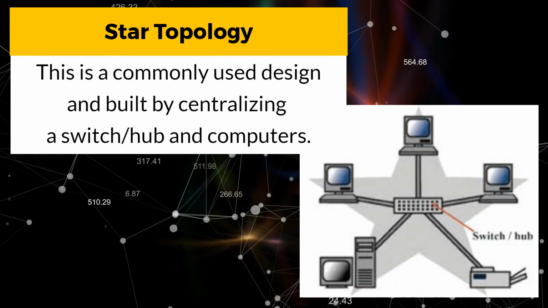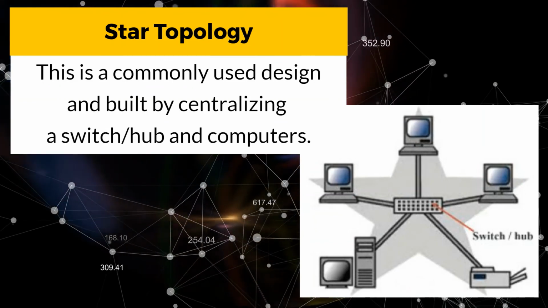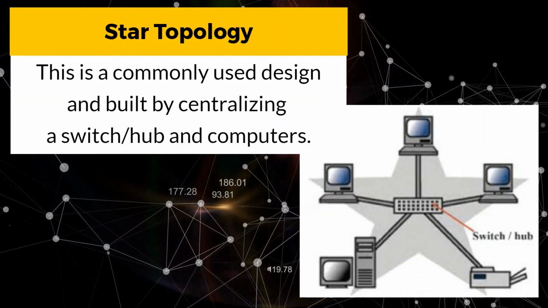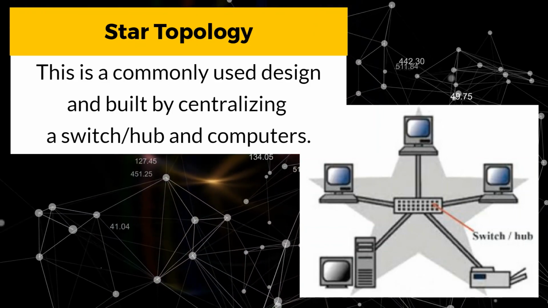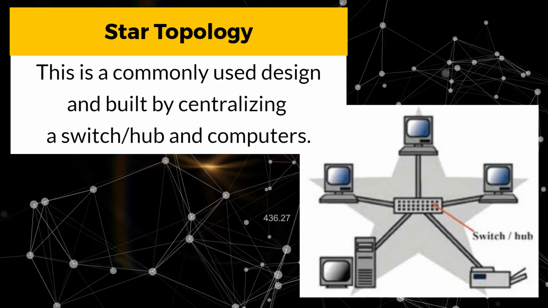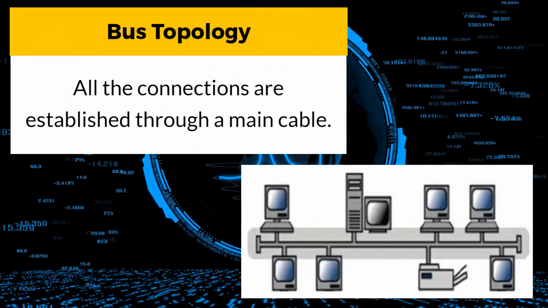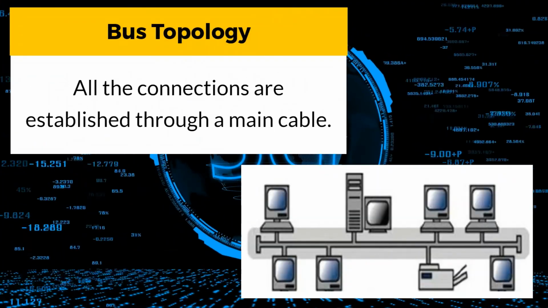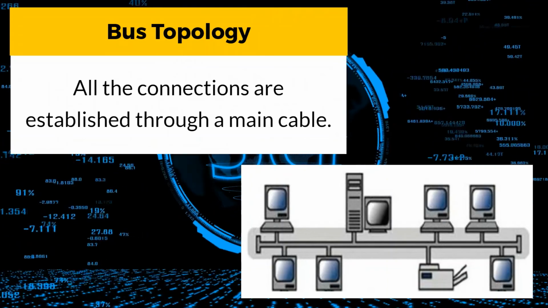This is a commonly used design and built by centralizing a switch or hub and computers as given in the picture. Number 2. Bus topology. All the connections are established through a main cable here.